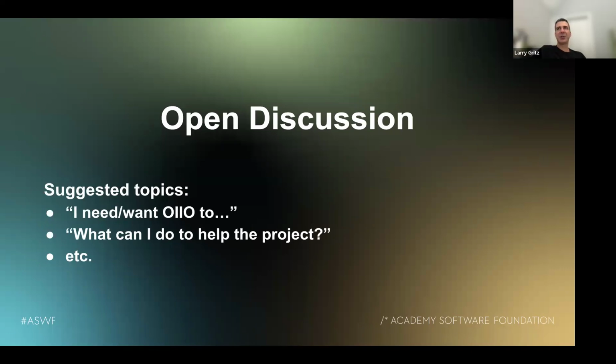A number of people have said, hey, the metadata that OpenImageIO retrieves is not as extensive as what ExifTool or whatever their other thing of choice says. And libraw has a property that is a mixed bag: they change from one major release to the next.